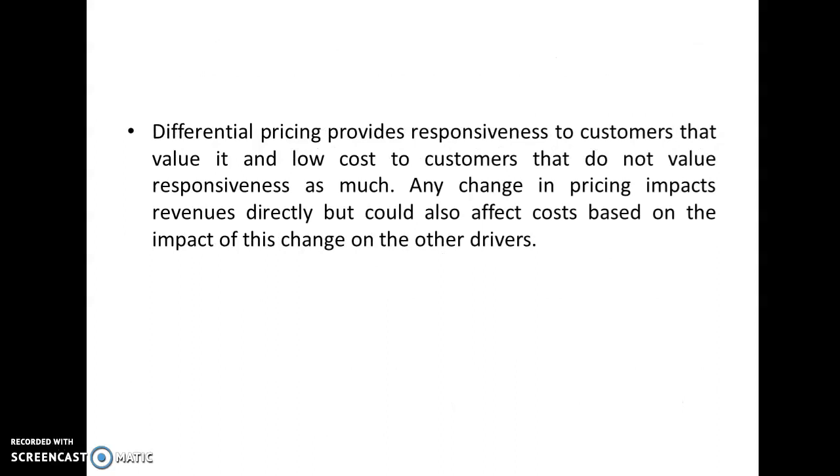There is a concept called differential pricing that is based on the customers, how they give priority to the responsiveness. So those who want to give higher priority to responsiveness, they should be ready to pay higher cost, and the customers, those who don't have that much need of responsiveness, they may pay the lower cost.